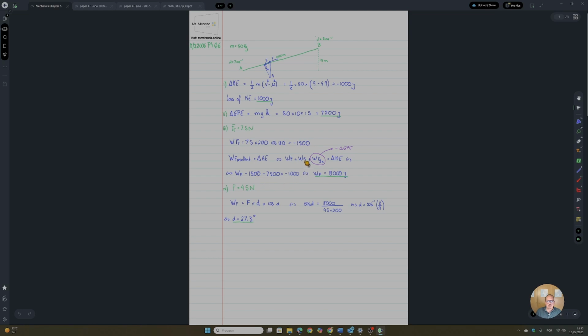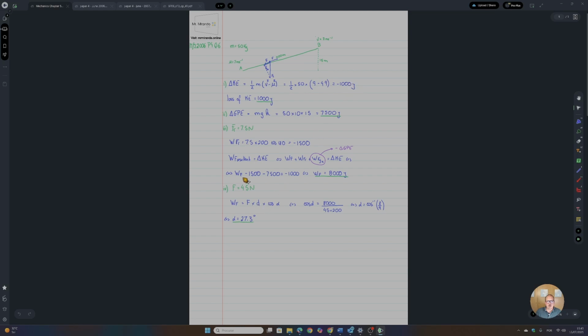The minus 1,500 joules was the work done by the friction. The work done by the weight is minus 7,500. I just calculated here the change in GPE, so minus that is minus 7,500 joules, all right, equals the minus 1,000 joules that we calculated before.